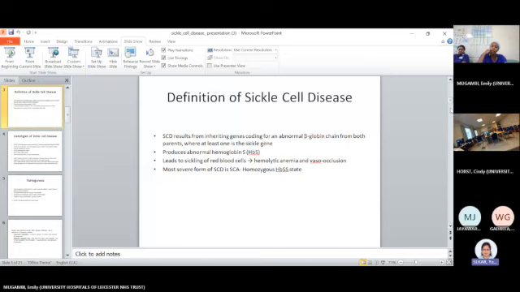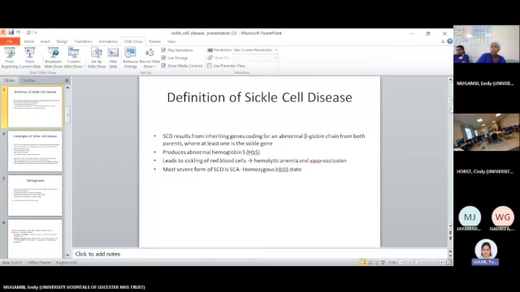And when that happens, it changes the shape of the RBC into what we call a crescent shape or a sickle shape, which therefore leads to hemolysis and vaso-occlusion of the microcirculation. And that's how the complications result from the microocclusion and hemolysis.